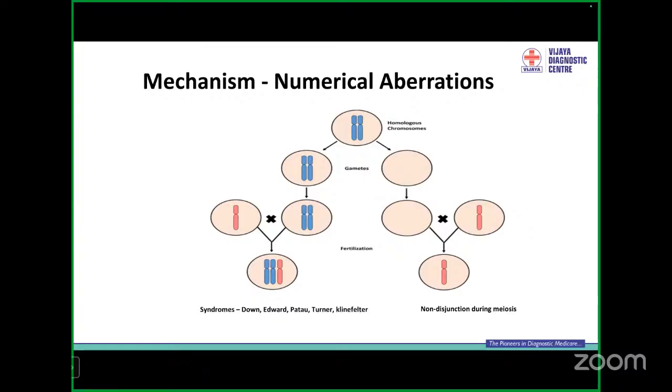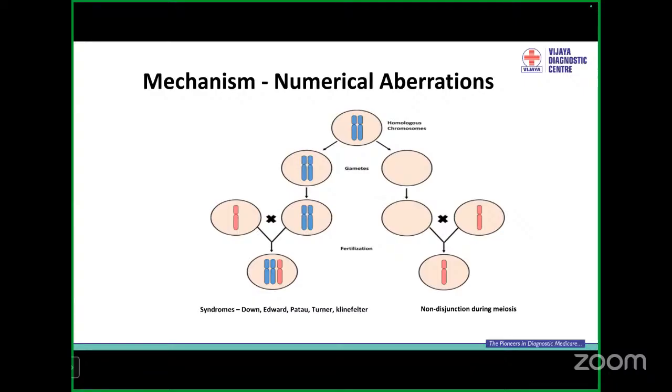These syndromes are caused because of loss or gain of one entire chromosome. Now, how does this happen? During meiotic division, due to non-disjunction, there can be a gain or loss of chromosomes, which results in aneuploid fetuses.